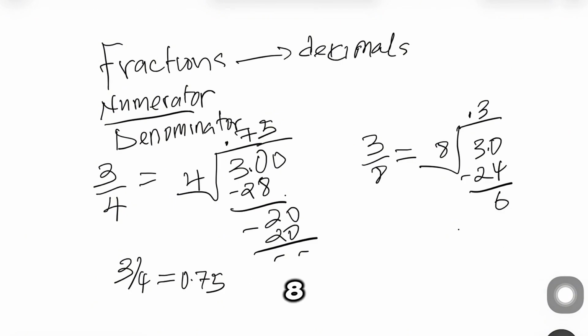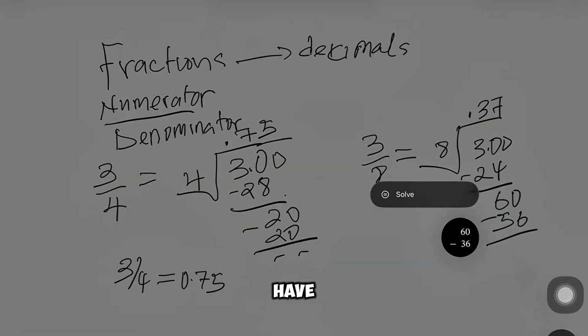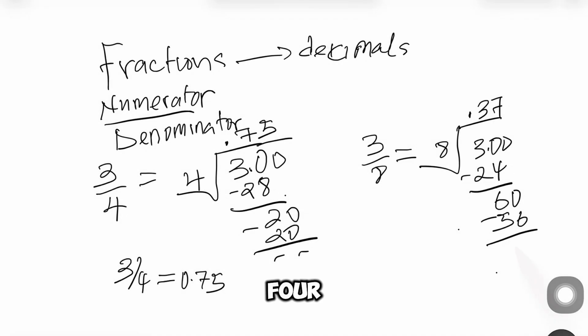6 again cannot divide 8 without leaving a remainder, so we're just going to add another 0. So 60 divided by 8 is going to give us 7, because 7 times 8 is 56. So we subtract that, and we're going to have 4 over here.